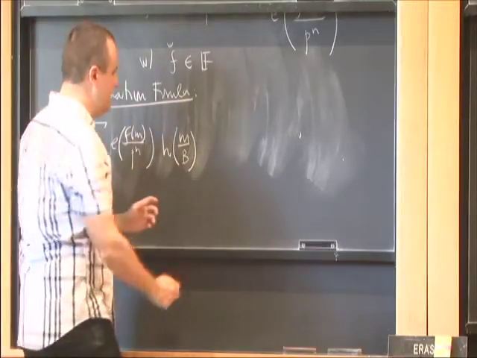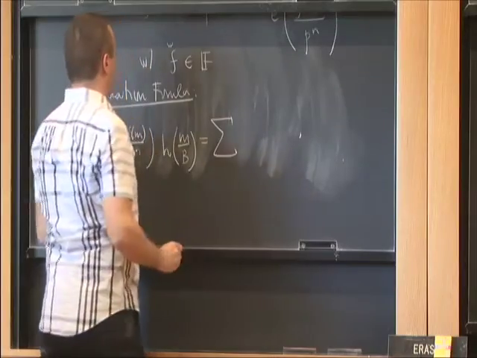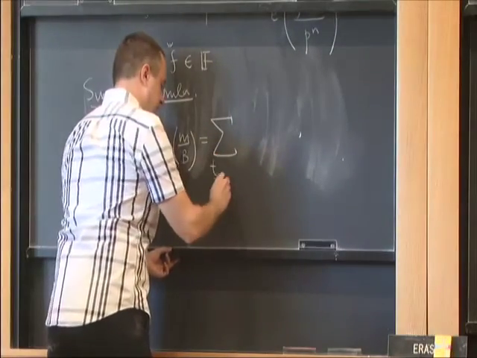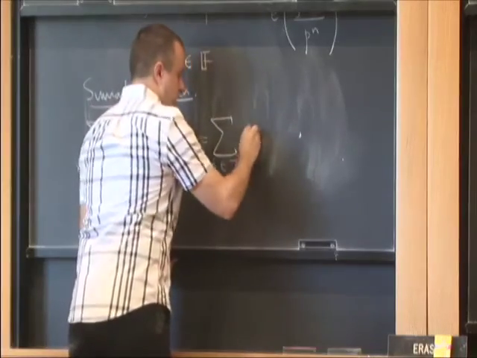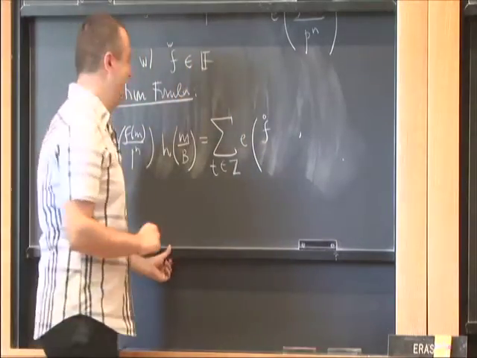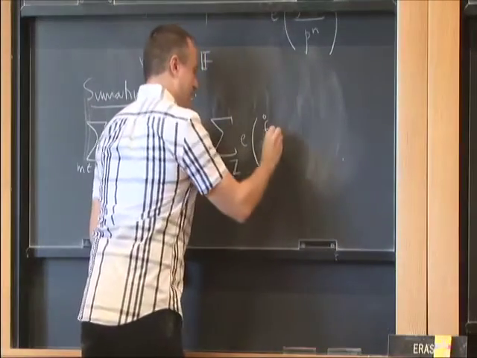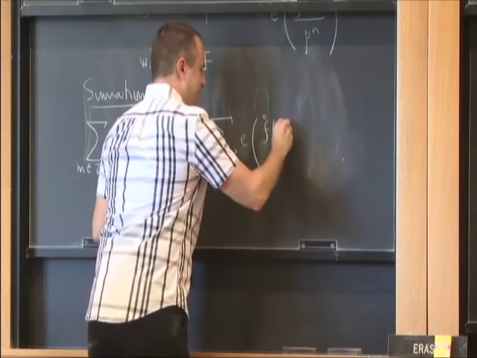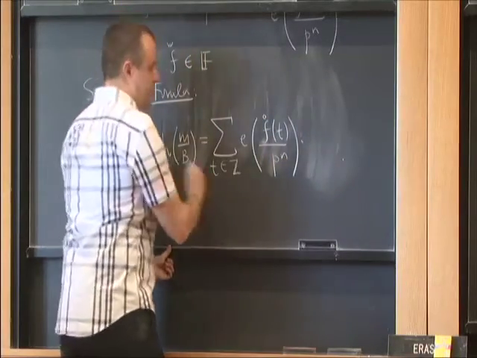Okay? And what I'll get on the other side is the sum over all t in z of e of some other function that I'm going to call f math ring. That's how it's done in LaTeX. So f math ring of t over p to n times a certain transform of h.